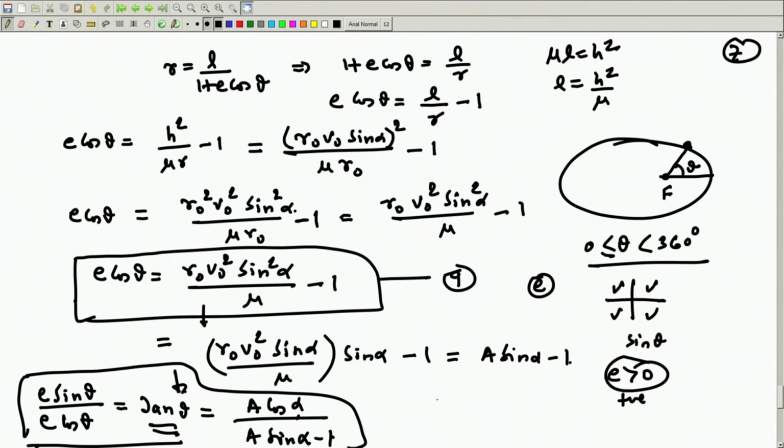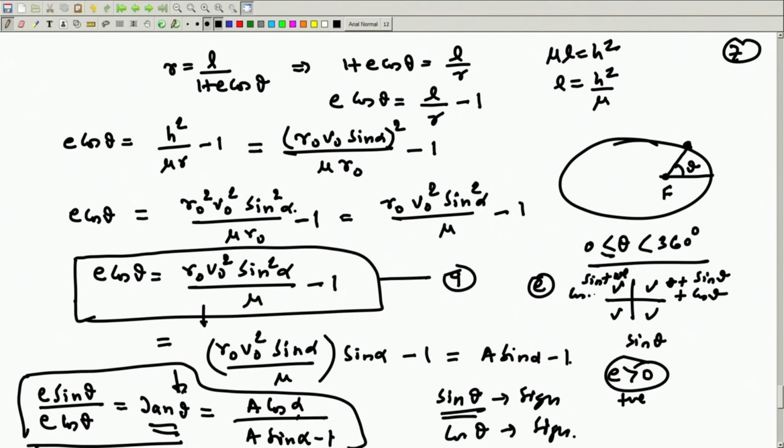Okay. So, therefore, we look for the sign of sin theta and the sign of cos theta, whether it is positive or negative. So, sin theta is positive here, and cos theta is also positive. Sin theta is positive here and cos is negative on this side.